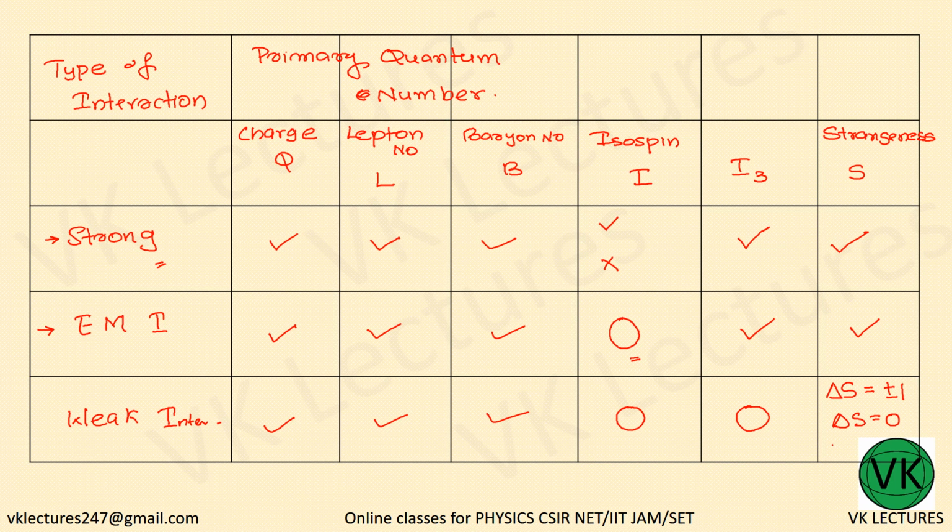Now for the weak interaction, the isospin and third component of isospin need not be conserved, and the delta S value should be plus or minus 1 or equal to 0, which means it is conserved.